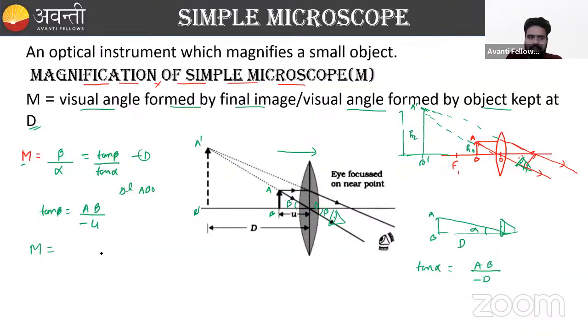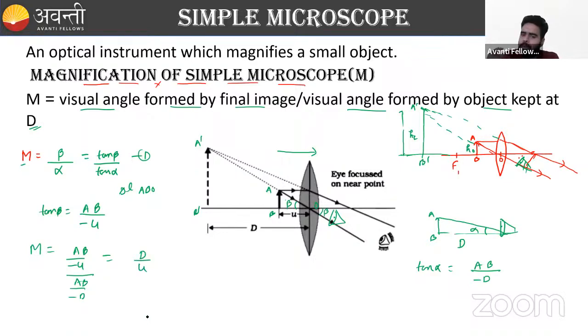This is the general formula of the magnification. We are not considering any special case. That is nothing but AB upon minus U divided by AB upon minus D. The minus signs cancel out, giving D upon U.